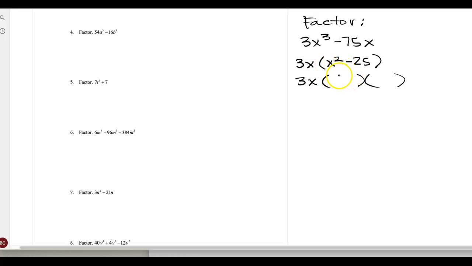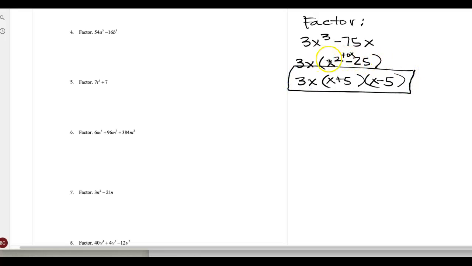Another way that sometimes students think about it is, what's the square root of x squared? That's x times x. What's the square root of 25? That's 5 times 5. And in order to have a 0 in the middle, there's a plus 0x in the middle, so one of these would have to be positive and one would have to be negative. And then that would be factored completely.